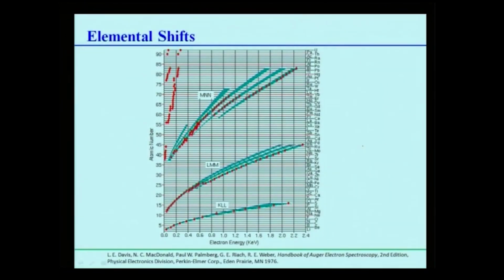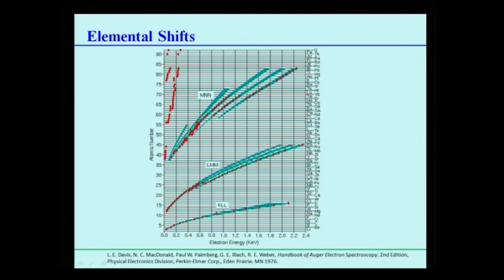Well, not only that, one can look at the chemical shifts in terms of atomic number versus electron energy diagram. This one I have already shown to you. Now if you carefully look at this diagram, it shows different transitions like KLL transition, LMM transition, MNN transitions and higher, depending on the atomic number. Obviously if the atomic number is less than about 16, that is sulfur, you will have only KLL transitions.